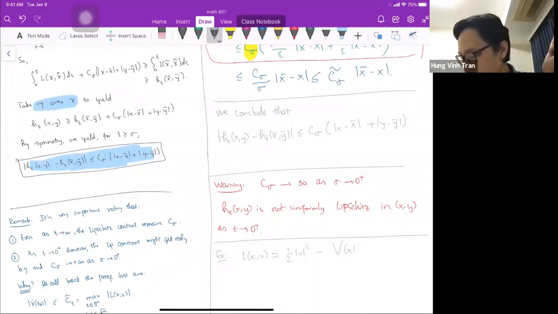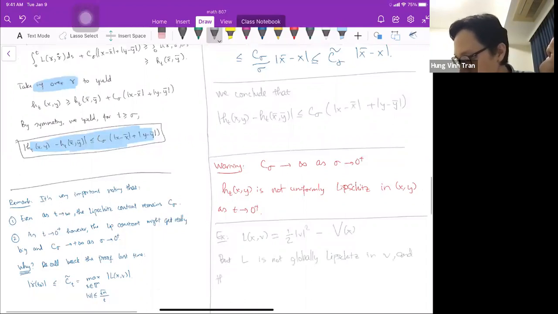So this is L, and it's nice, but L is not globally Lipschitz in v, and the Lipschitz constant of L blows up as v goes to infinity.